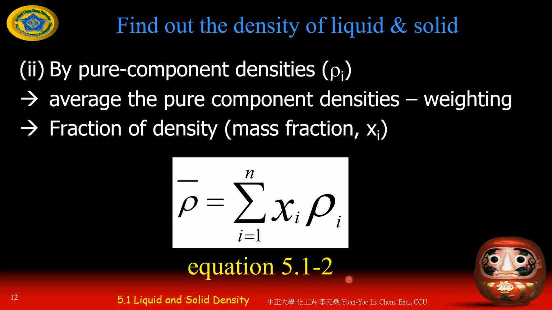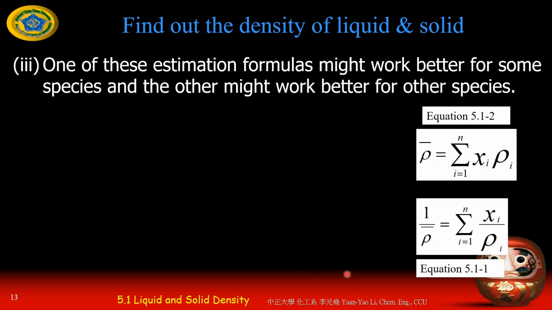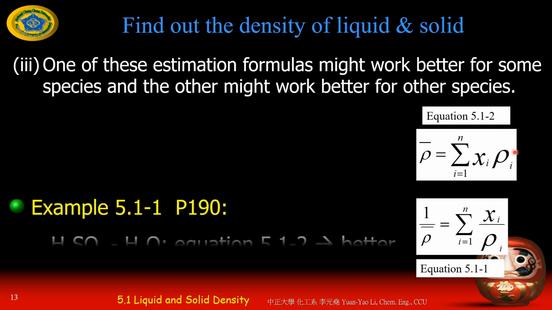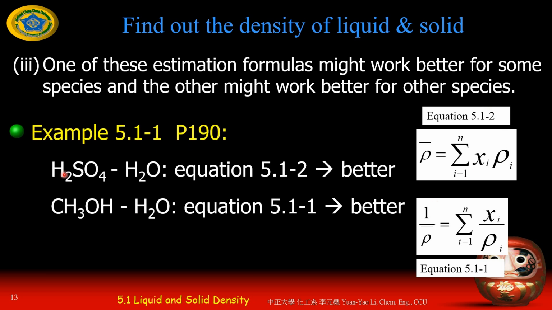Which one is better, 5.1-1 or 5.1-2? It depends. One of these estimation formulas might work better for some species, and another might work better for other species. For example, if you have a mixture of H2SO4 with water, 5.1-2 is better.